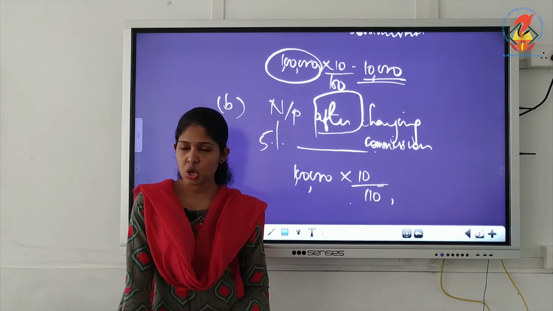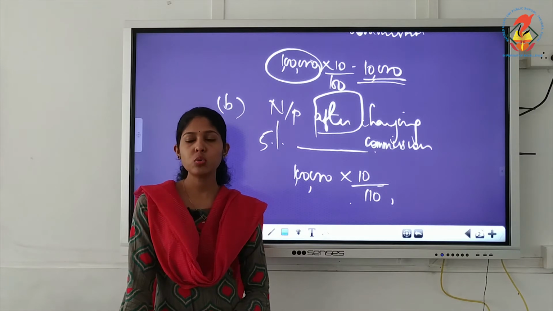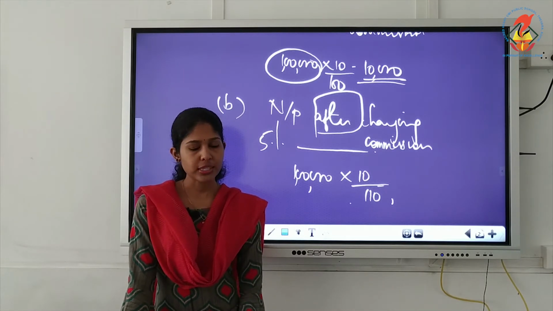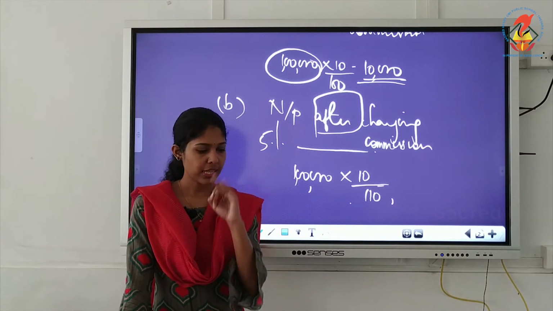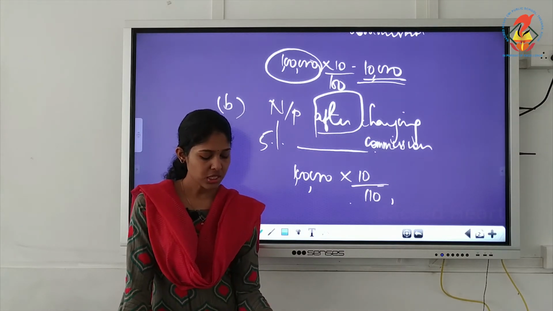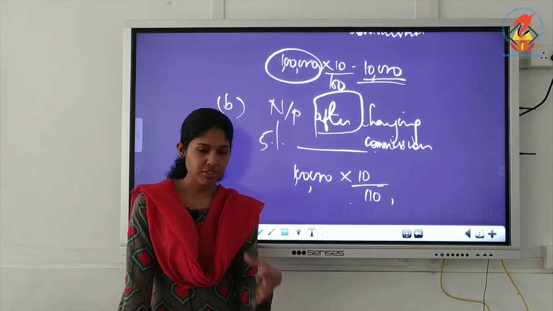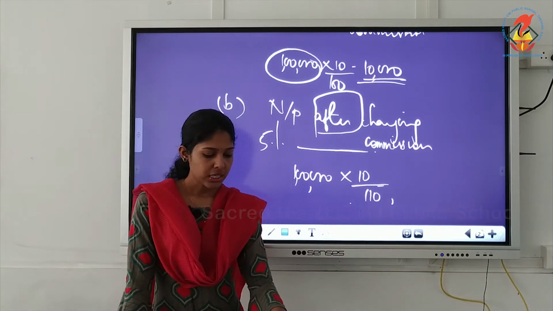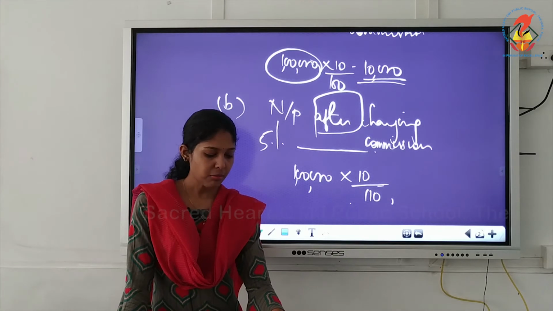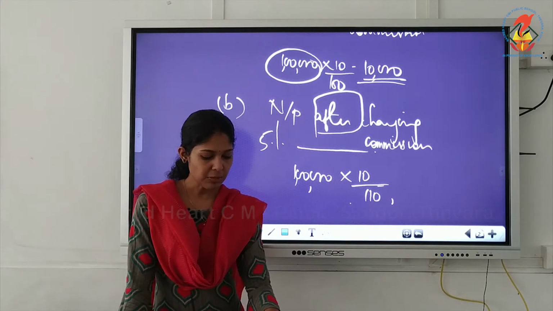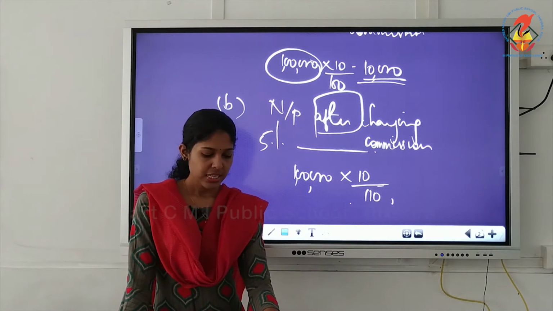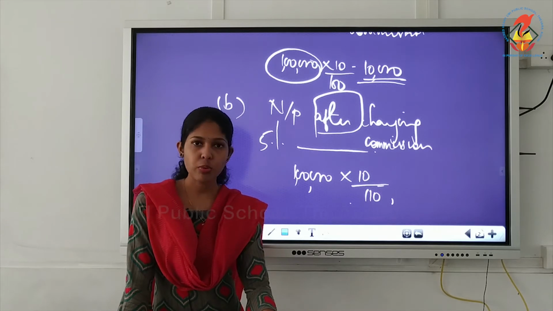So, first you have to show on the debit side of P&L account, later you have to show it on the liability side of the balance sheet. Okay, that's the double effect of manager's commission. So, for manager's commission, what you have to consider is the net profit, no need to put tick marks and all.